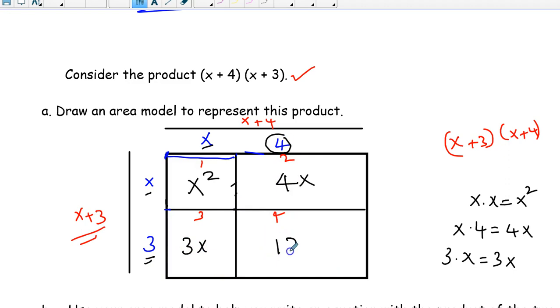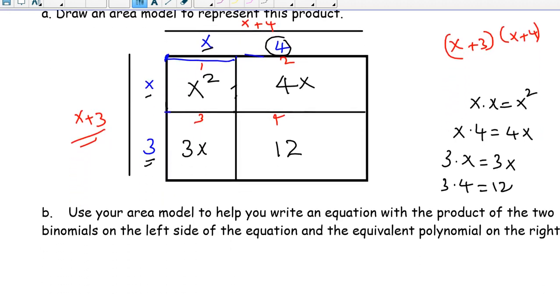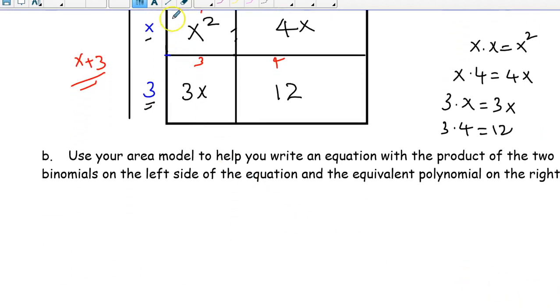So 3 times 4 is how much? 12. 3 times 4 gave you 12. So these 4 are the areas of the 4 pieces, right? The area of the first piece is x squared. The area of the second piece is 4x. Then the third one is 3x. And you have 12 as the fourth one, right? So you have the area model and you did the multiplication.